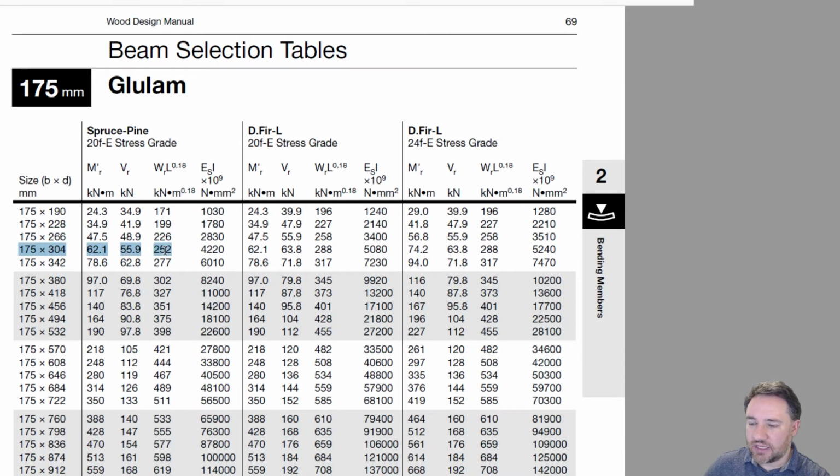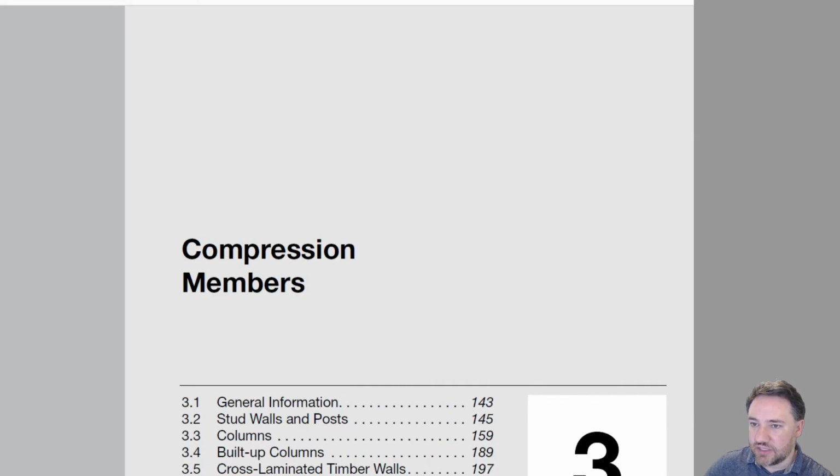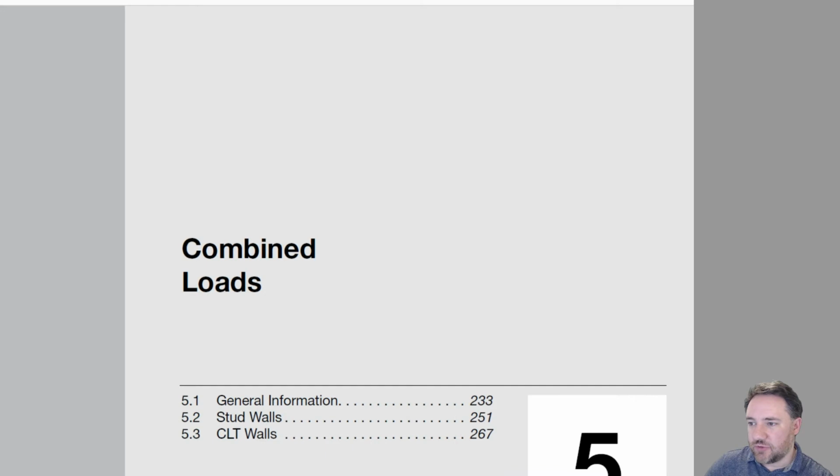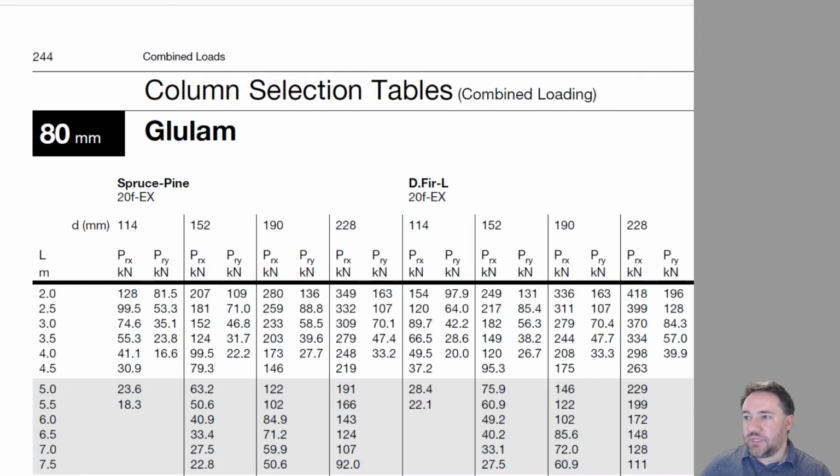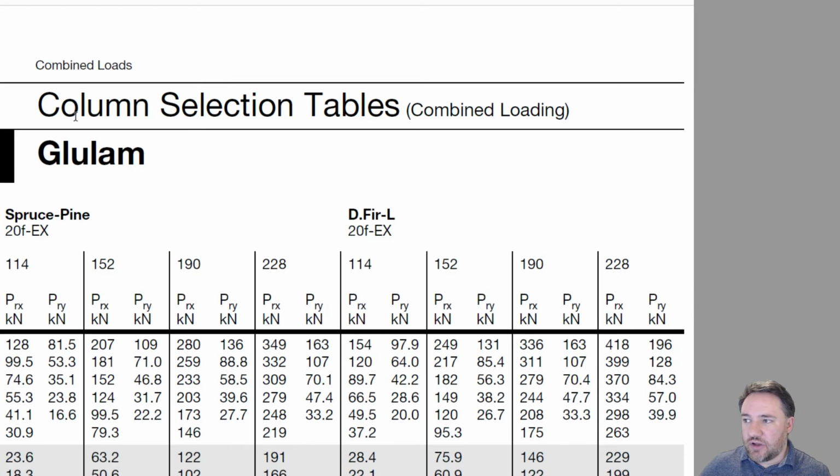So let's keep this one in mind, 175 by 304, and we'll go to the other table, which is in the combined loading section, if you remember. So remember, chapter 2 is bending, that's where we were. Chapter 3 is compression. Chapter 4 is tension. Chapter 5 is combined loads. And in the combined load section, we have this table, which is a combined column selection table for glulam.